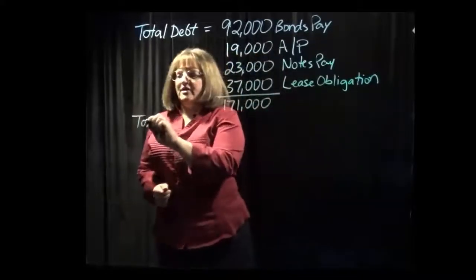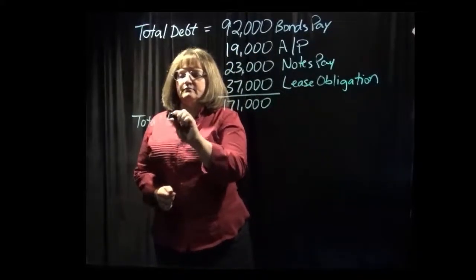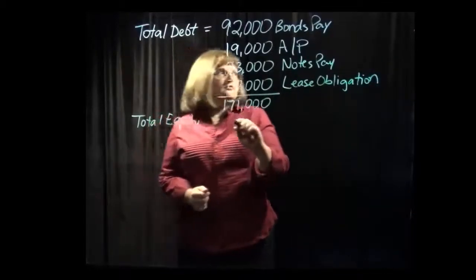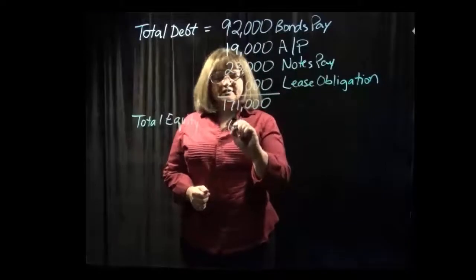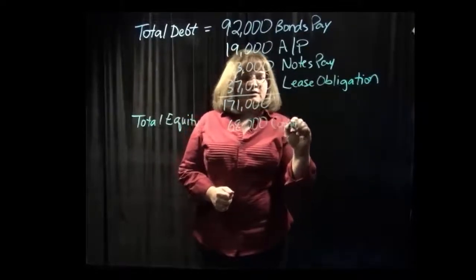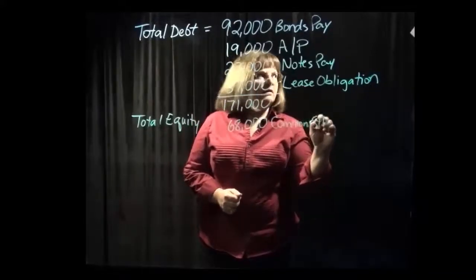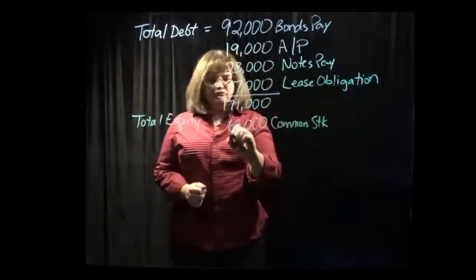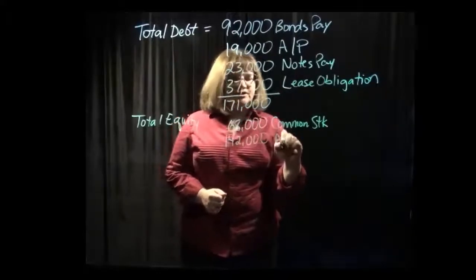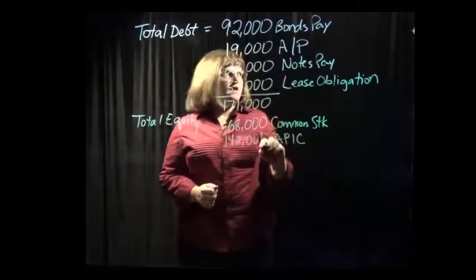Then to get our total equity, the total equity for this company is going to be the $68,000 that's in common stock, plus the $142,000 that's in the additional paid-in capital.